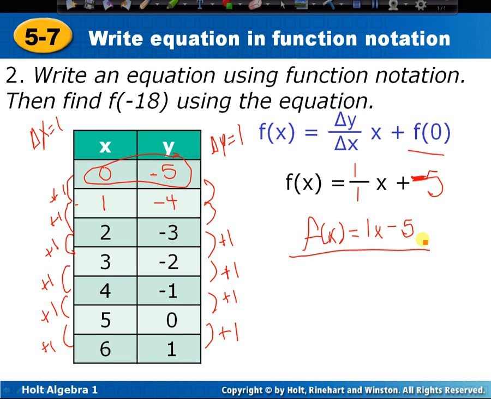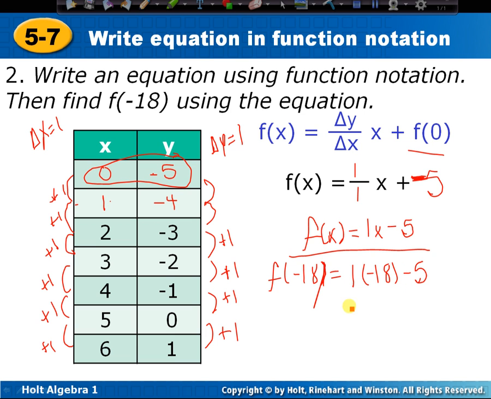That is the rule in function notation, but the catch here is that the question asked me to find f of -18 using the equation. So I have to plug in -18 everywhere I see x. F of -18 equals, again, that's nothing more than a name, 1 times -18 minus 5.